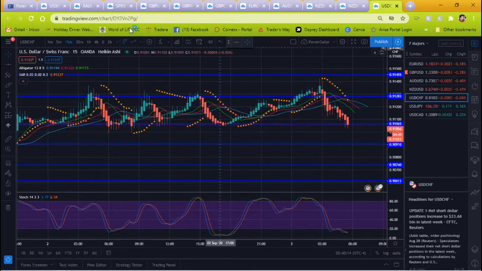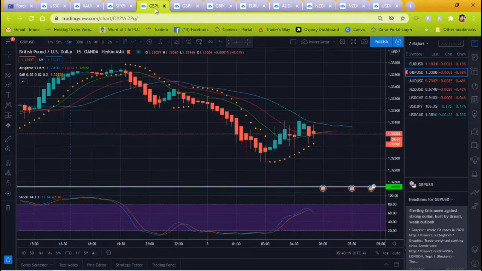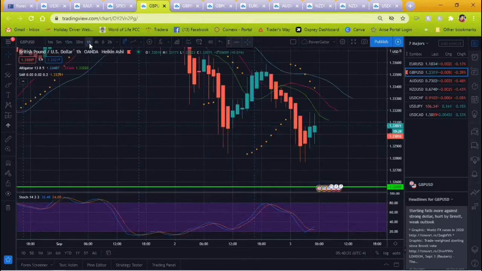So that would be something that you would be able to do. All right, so let's go back to GBP USD. We had that on our watch list. And it is still going sideways. Yep, the 1 hour has some really confused candles.